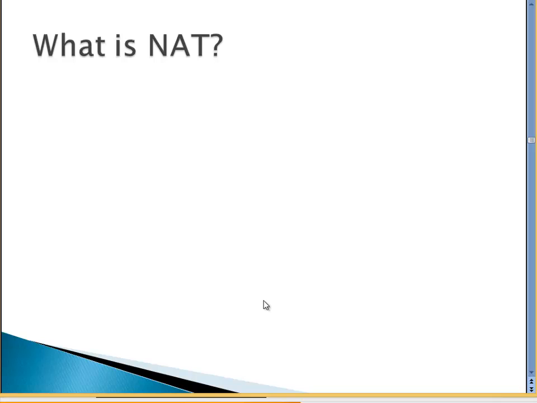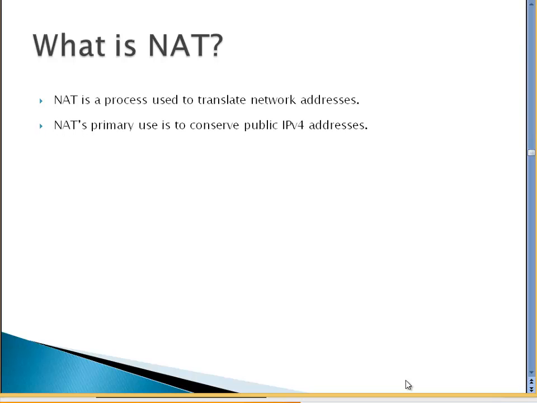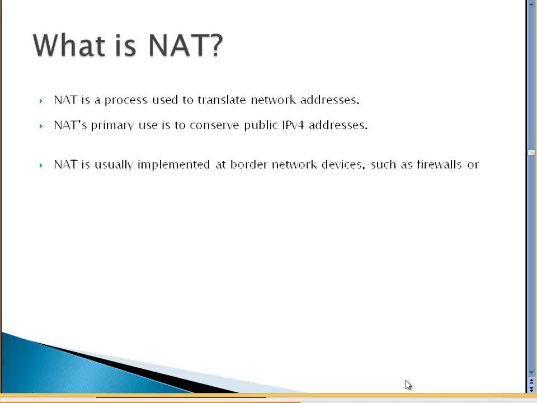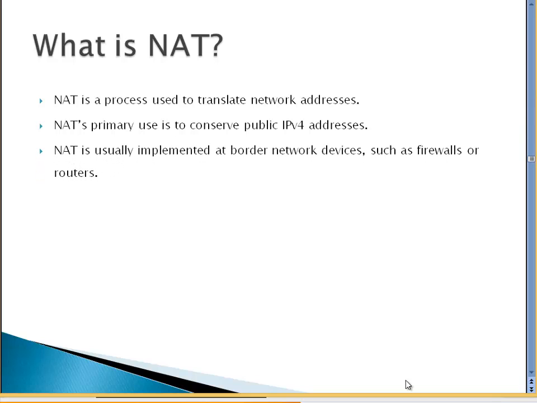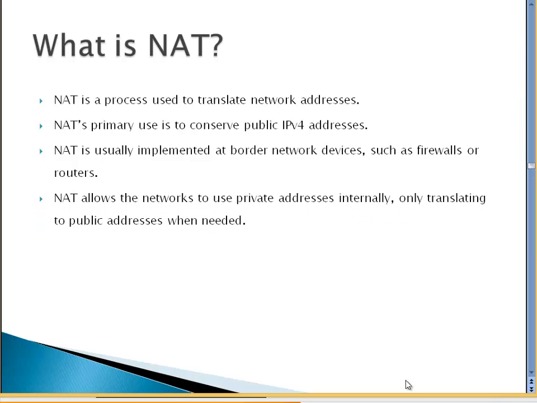So NAT, what is NAT? NAT is a process used to translate network addresses. NAT's primary use is to conserve public IPv4 addresses. NAT is usually implemented at border network devices such as firewalls or routers. NAT allows the network to use private addresses internally, only translating into public addresses when needed.